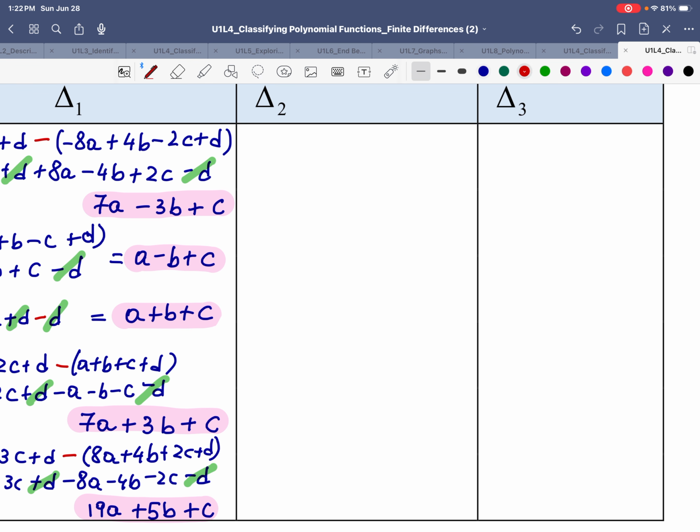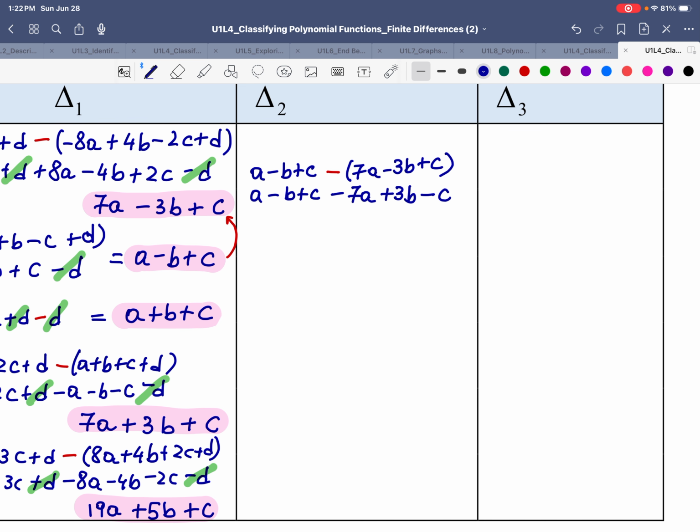So for delta 2 again, we are subtracting a minus b plus c minus 7a minus 3b plus c. So let's see what happens. A minus b plus c, subtract 7a, subtract negative 3b means plus 3b, and subtract c. Simplify.